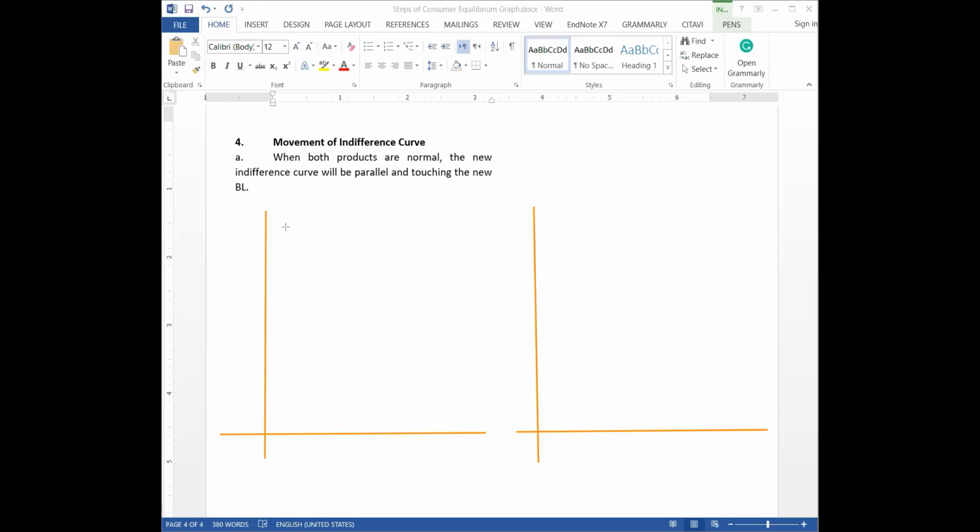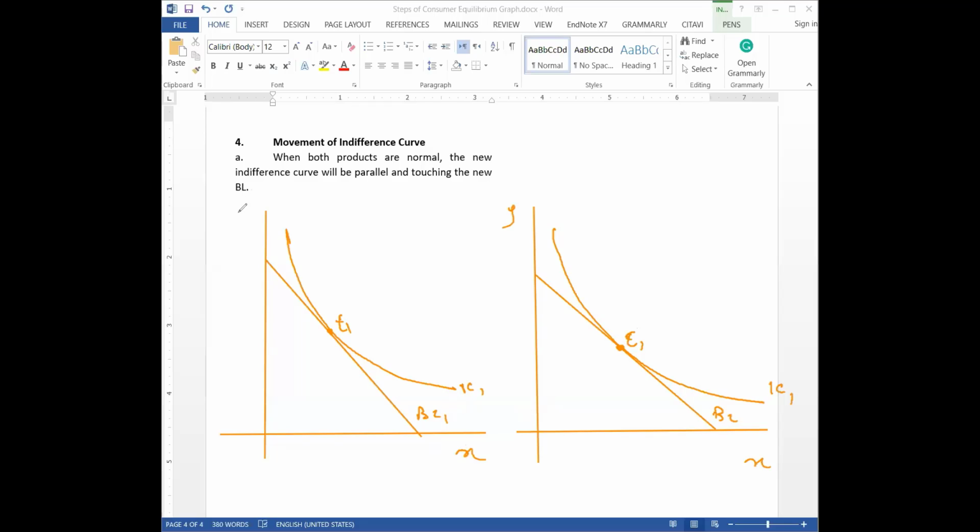So first of all, we have an indifference curve, and there is a budget line which is touching only once. You have to use the scale so that you make sure that it is touching once, so that it is clean. So this point is E1, this is IC1, BL1, this is the x-axis or x product, and this is the y product. So this way we draw the base case.